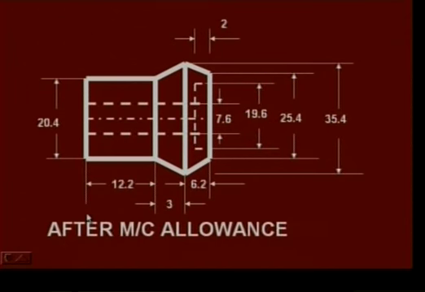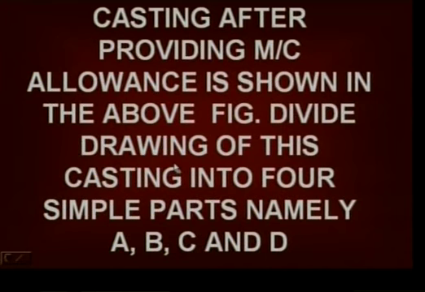After providing machining allowance, the elevation of the gear blank with all dimensions is shown in this figure. This gear blank casting after providing machining allowance is divided into simple parts, namely A, B, C and D.